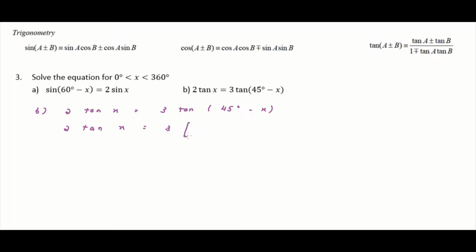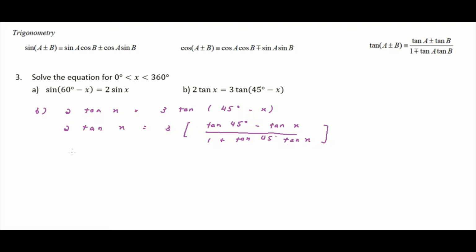Tangent 45, meaning 45 is your A and x is your B. So tangent 45, minus, so that's why the top is also minus. Then after that, 1 plus tangent 45 and tangent x.